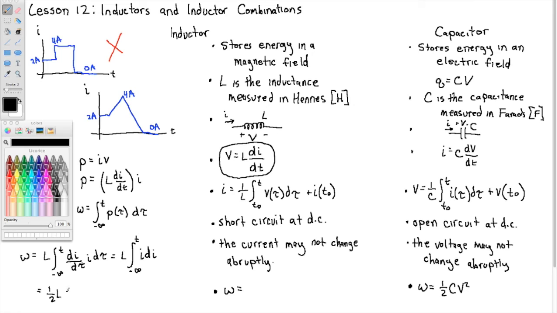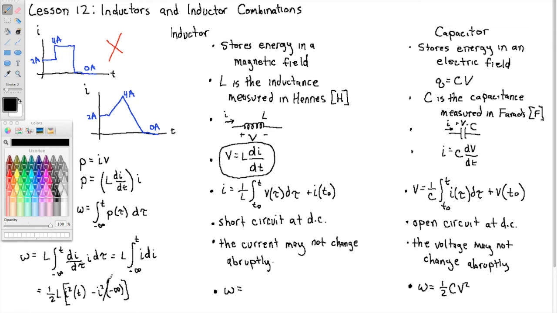You plug in the t, I squared, and then minus, plug in the minus infinity. Now if we assumed at minus infinity, when this thing was built, or whenever, that it has 0 current through it, right? That's a good assumption to make.